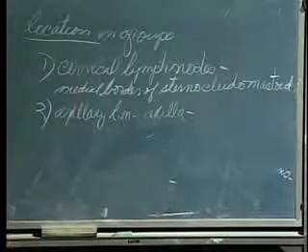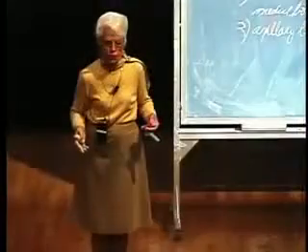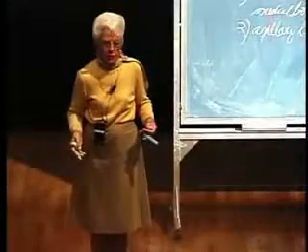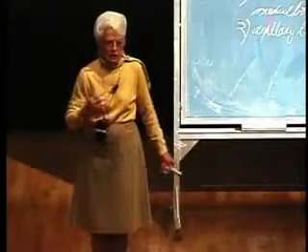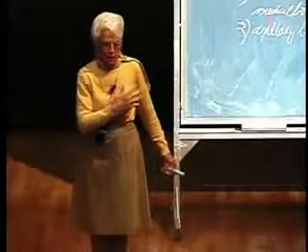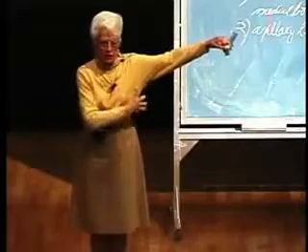Because it's important that women know their axillary lymph nodes well. Because with breast cancer, the breast cancer cells will travel from the breast into the lymph nodes, and the first ones it's going to encounter are the axillary lymph nodes.